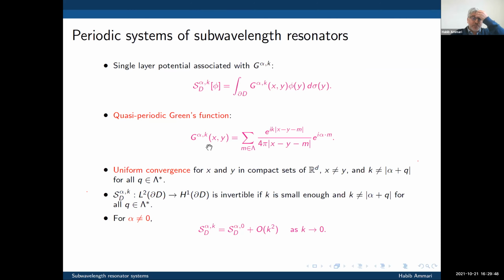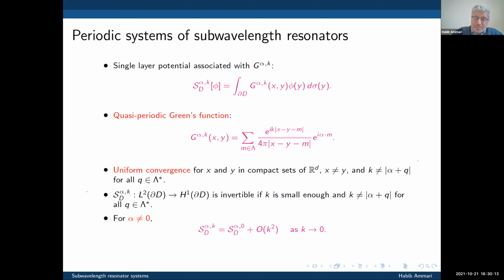It has this form here, and we know that for alpha non-zero, away from 0, the single layer potential has this expansion as the frequency, or the wave number, if you like, goes to 0. This expansion holds only away from 0.